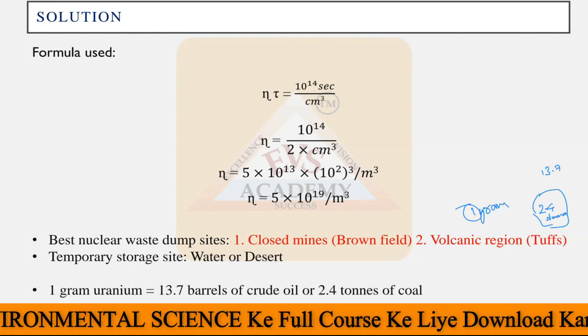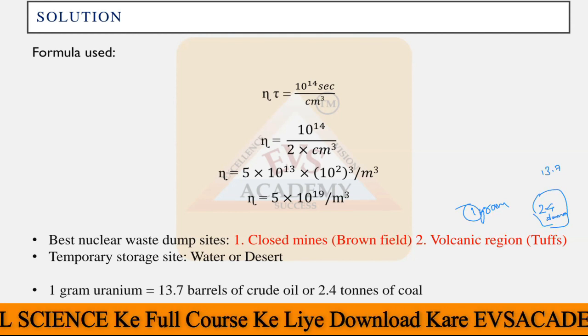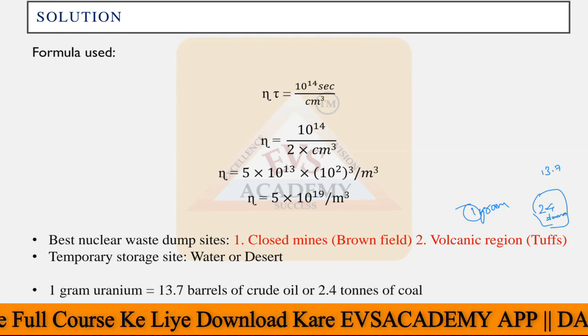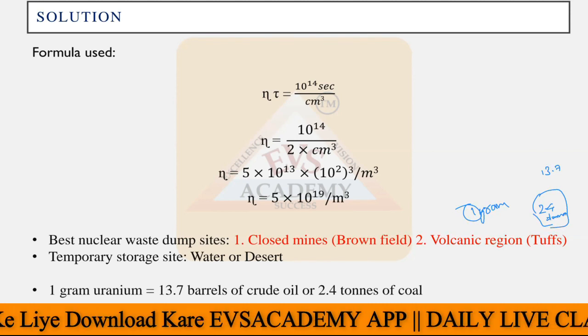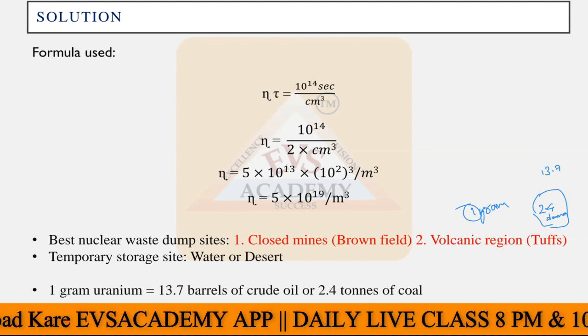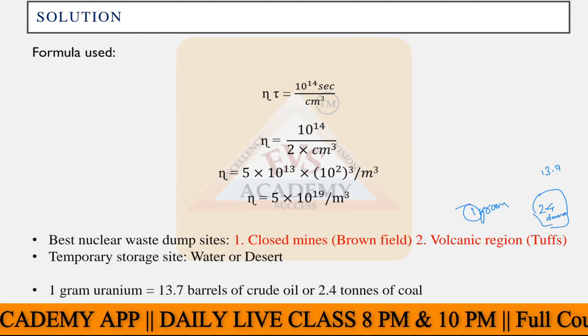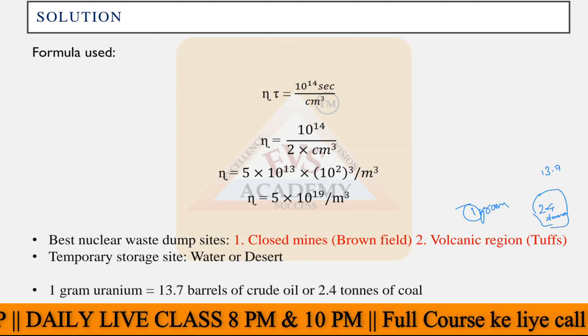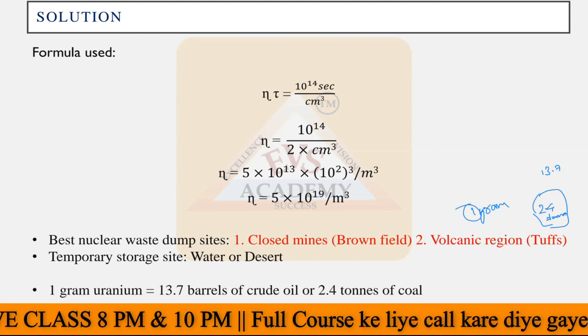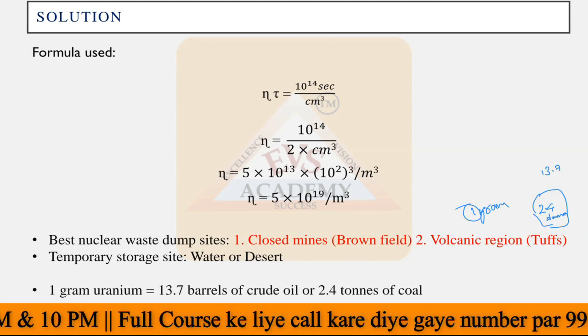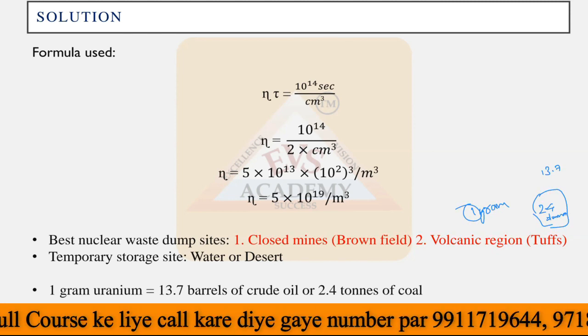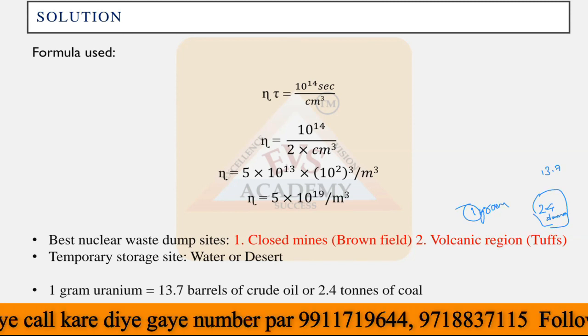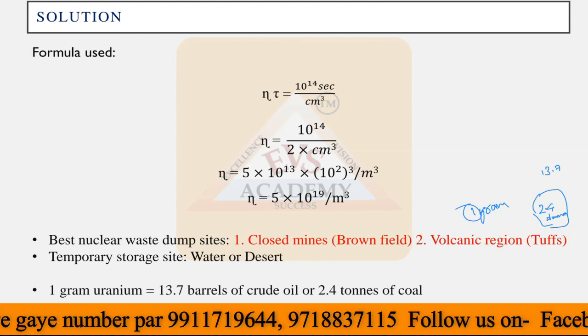So you can imagine how big an amount of energy you are getting from only 1 gram of uranium. That's why nuclear energy is very, very efficient. So that is equal to 13.7 barrels of crude oil or 2.44 tons of coal. That is the power of 1 gram of uranium.